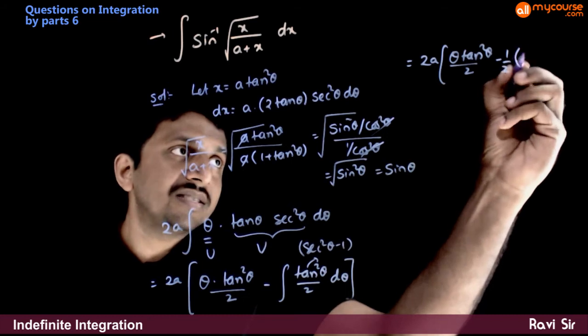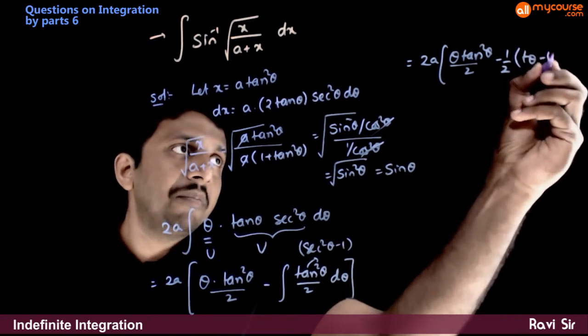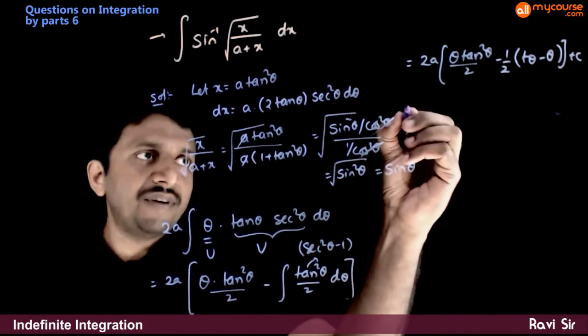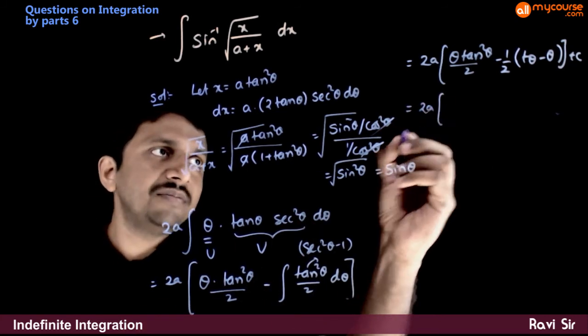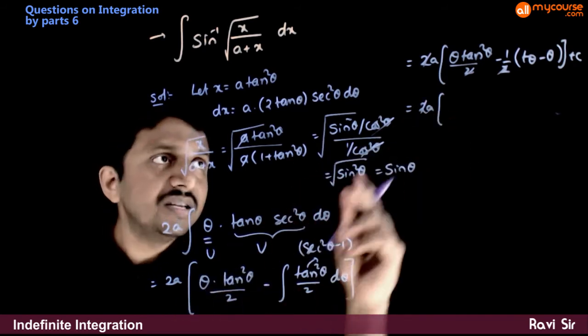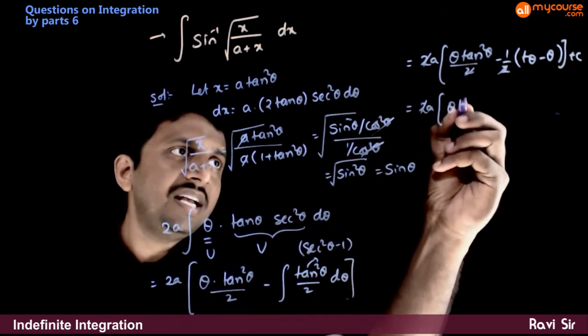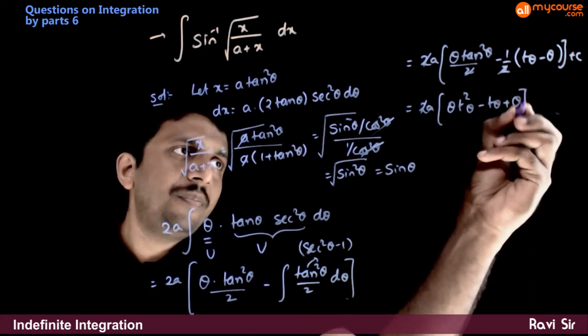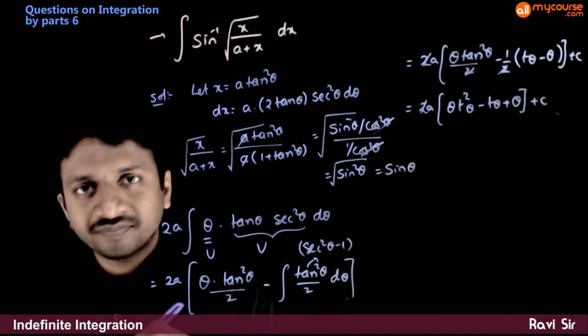So the integration is tan theta minus theta plus a constant. So the final answer is 2a times, so this 2 gets cancelled, so a times theta tan square theta minus tan theta plus theta plus a constant.